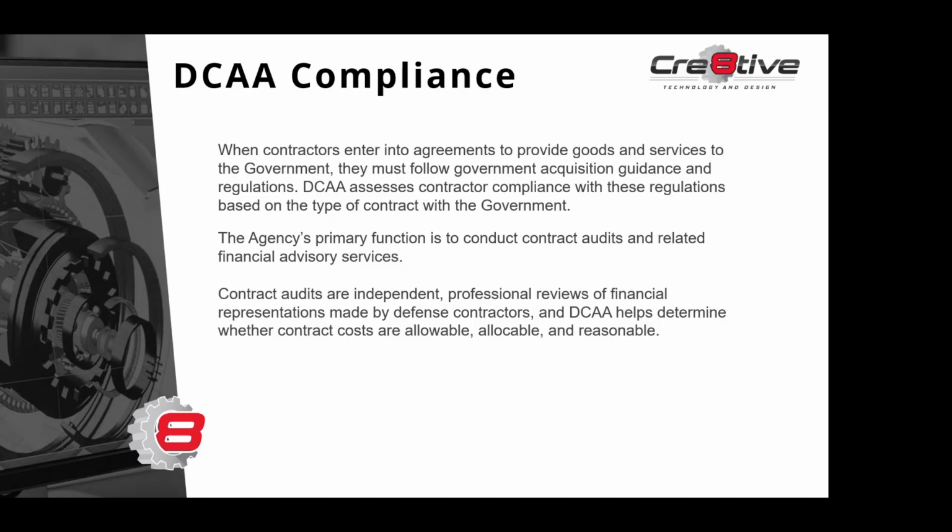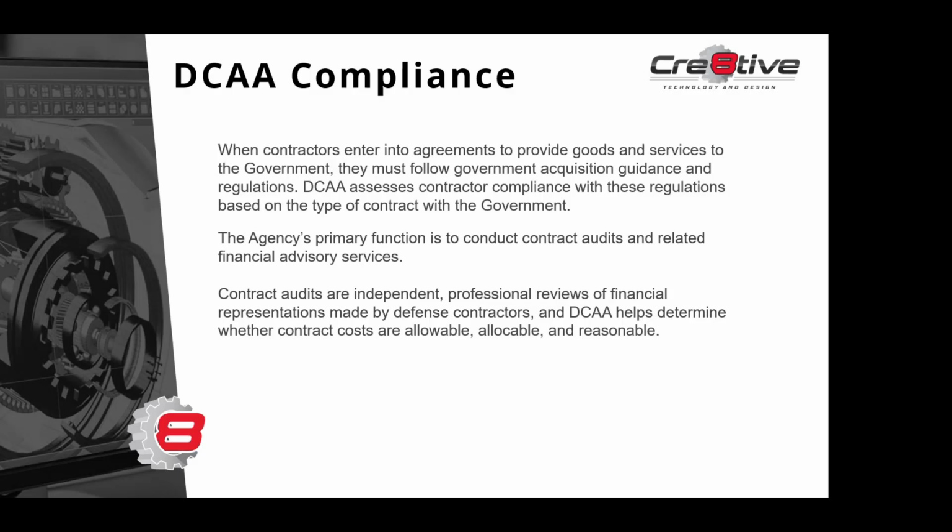Our goal is to make that audit process more transparent by providing data that is easily traceable, so you can easily identify that it's allowable, allocated to the right cost objectives, reasonable, and compliant with your contract. That's part of the requirement that drives the need.